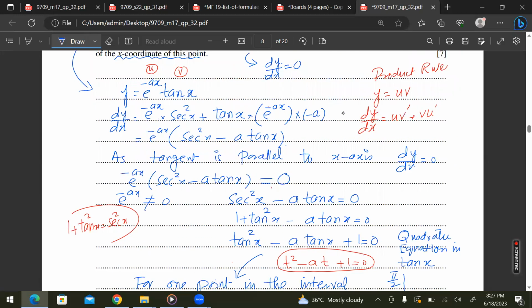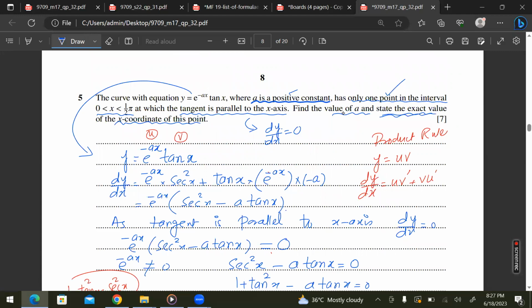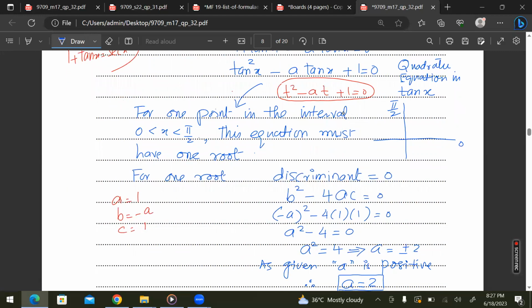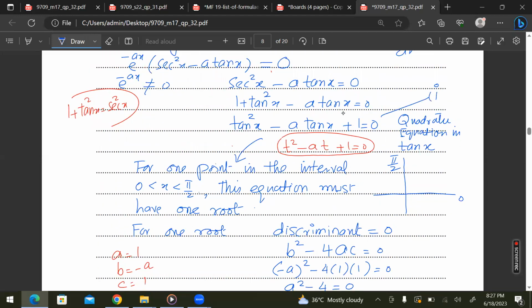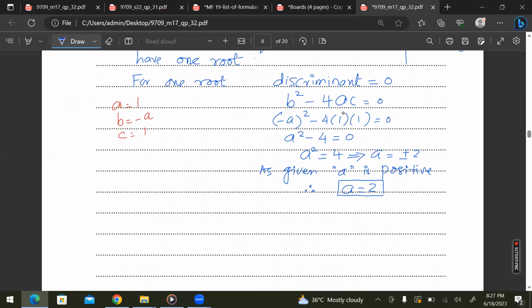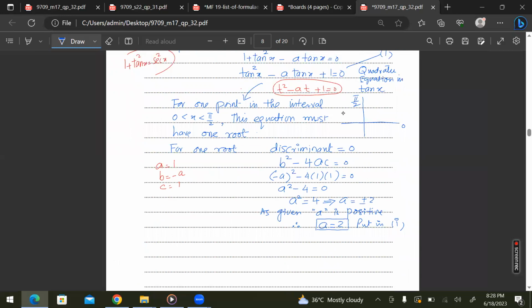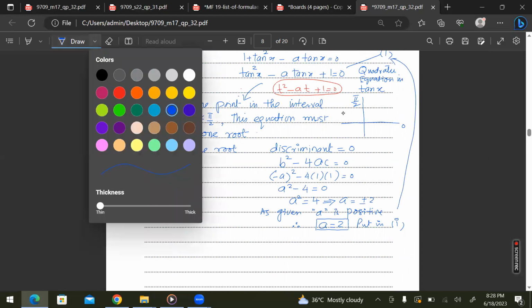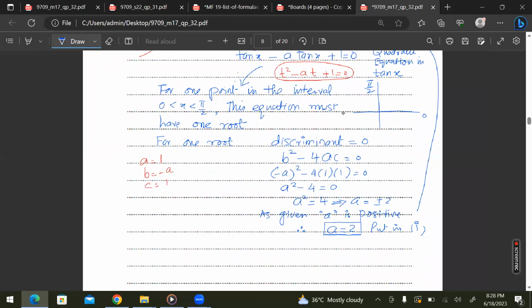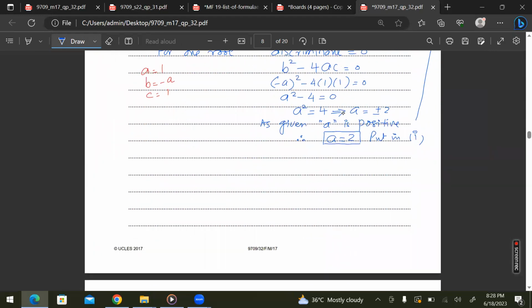The next part was to find the exact value of the x-coordinate. Using this value, you can label this equation as 1. Put this value of a in equation 1. So it would be tan square of x minus 2 tan of x plus 1 equals 0.